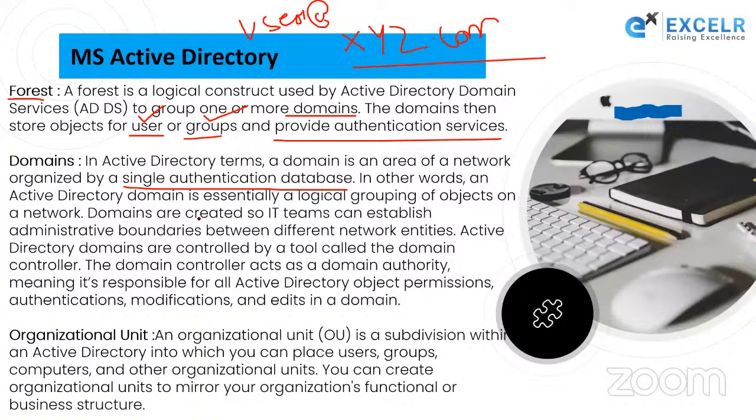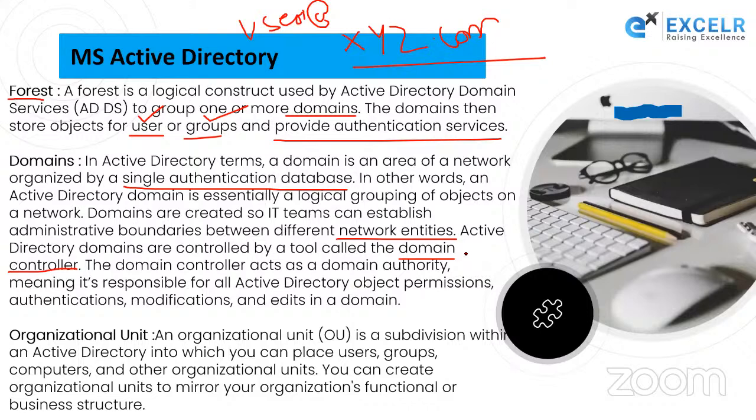Active Directory domain is essentially a logical grouping of objects on a network. Domains are created so the IT team can establish administrative boundaries between different network entities. Active Directory domains are controlled by a tool called a domain controller. Based upon the capacity of the server, you need to have multiple domain controllers based upon the number of users which are part of your Active Directory.